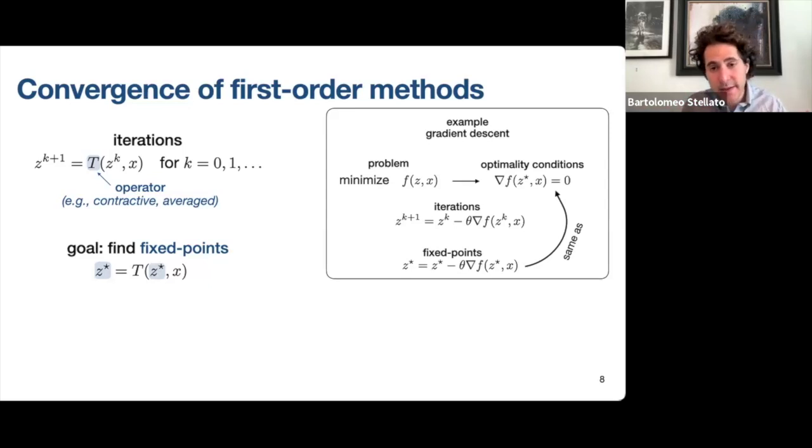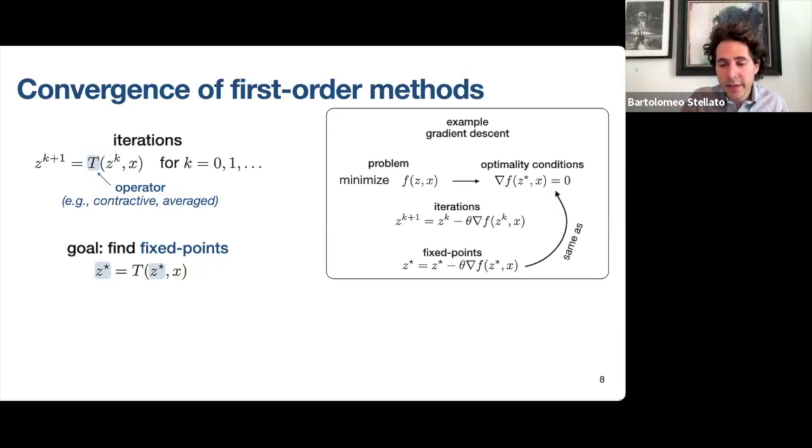The fixed points here are the points where z star is equal to z star minus the gradient. If you cancel out z star, this exactly corresponds to the optimality condition that we want to ensure. This is not by chance: in all these methods, even when you have constraints, the fixed point condition corresponds to the optimality conditions of this problem.